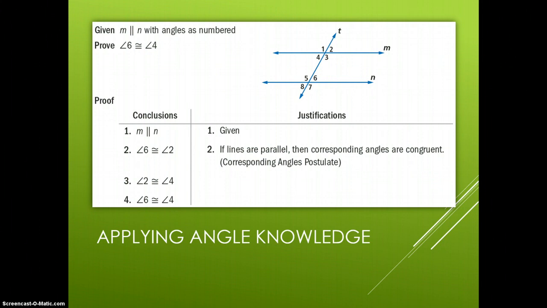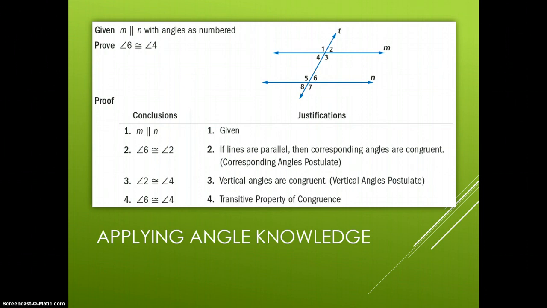Angle 2 is congruent to angle 4. Well, why would that one be true? This is vertical angles. Vertical angles postulate. They are congruent. So we know that those are equal. And now we can say that angle 6 is congruent to angle 4 because of the transitive property.